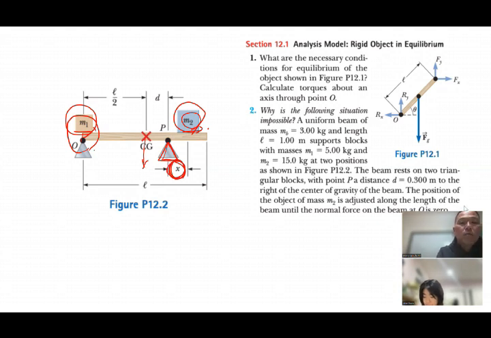Estimate x out of that condition. So total net torque, with this point P as the rotational axis.